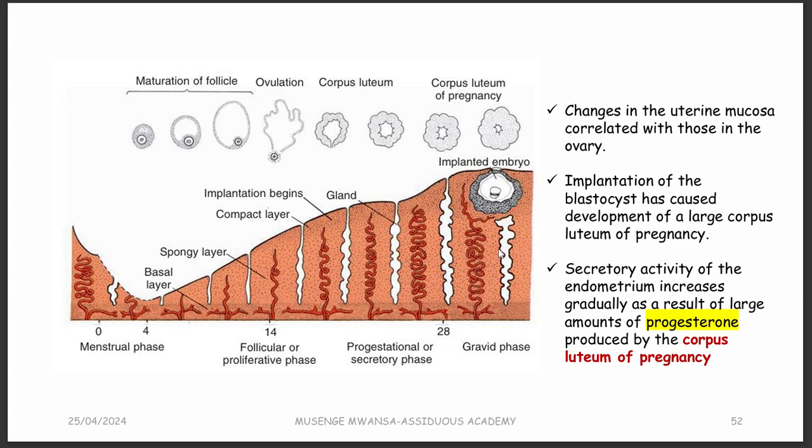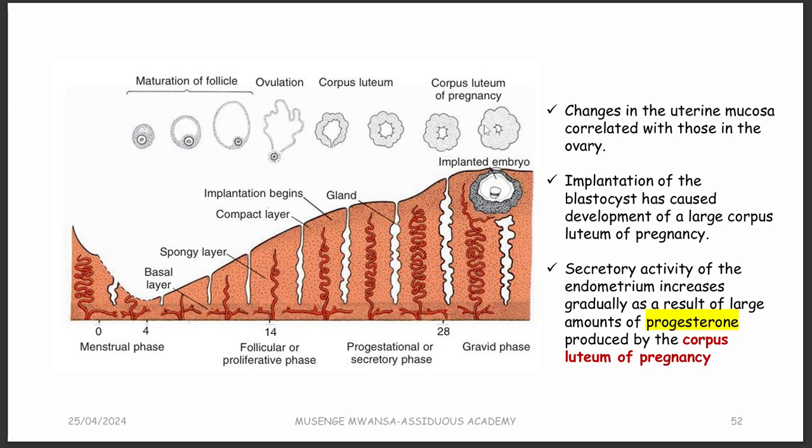So what happens when fertilization does not happen? I mean, if fertilization has happened, the uterus is this big. The egg was released on the 14th day and the implantation has happened. The embryo has implanted, but from where the egg was released, that is known as the corpus luteum of pregnancy.